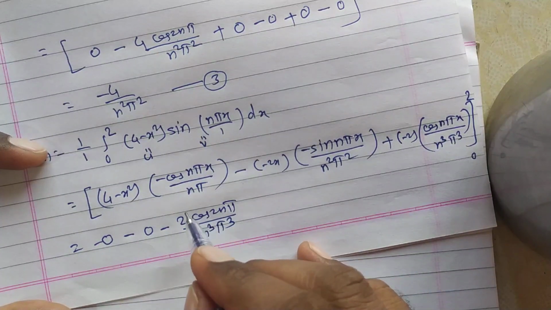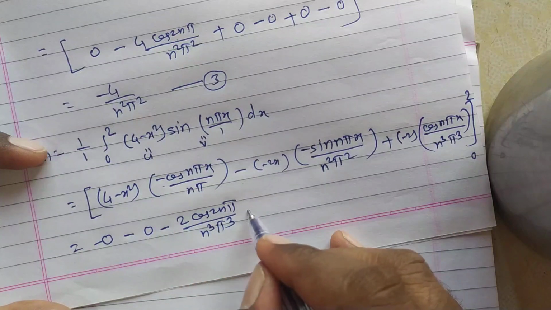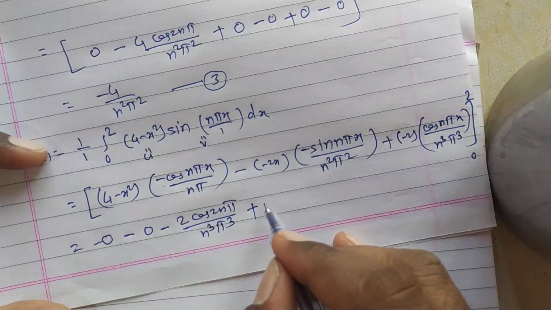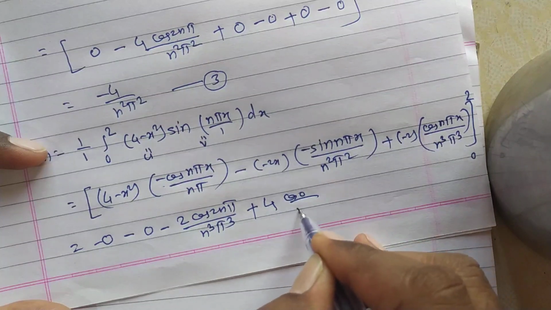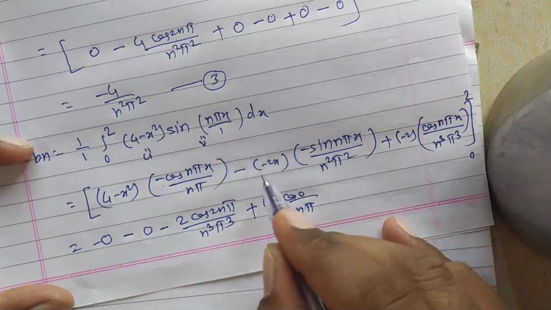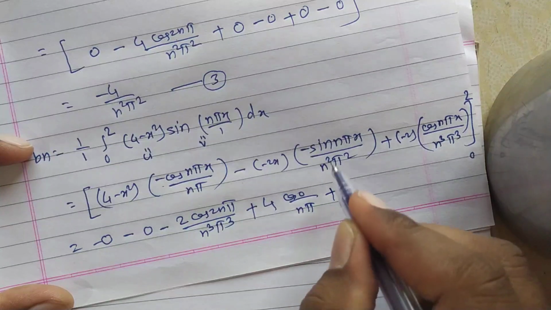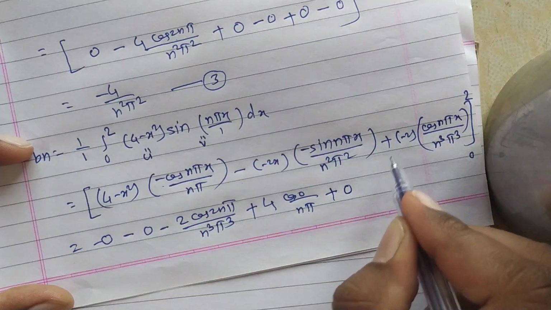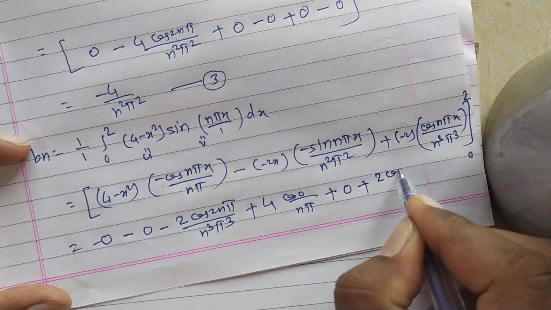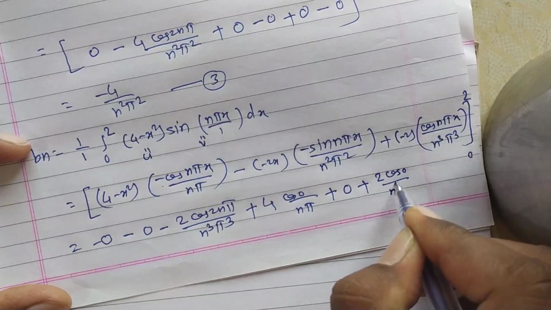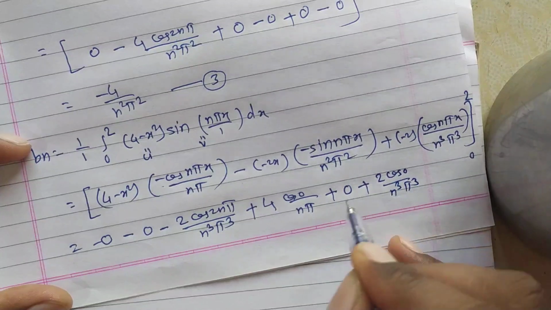Lower limit x equal to 0: if you put it here, this minus lower limit minus, that is plus, 4 minus 0 is 4 into cos 0 upon n pi, and here 3 times minus lower limit minus, that is plus, but sine 0 is 0. Here minus, lower limit minus, that is plus, 2 into cos 0 upon n cube pi cube.